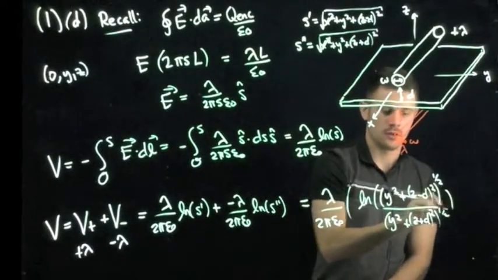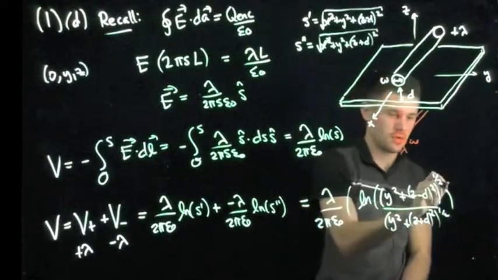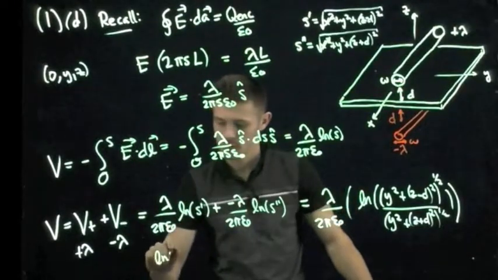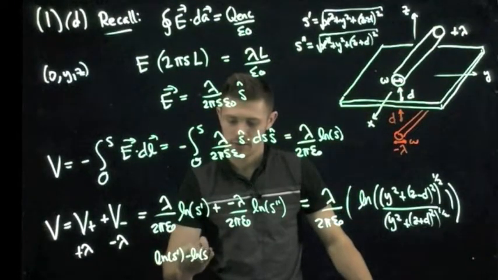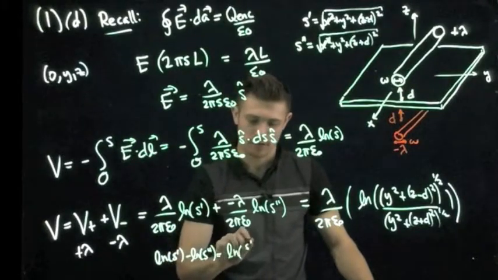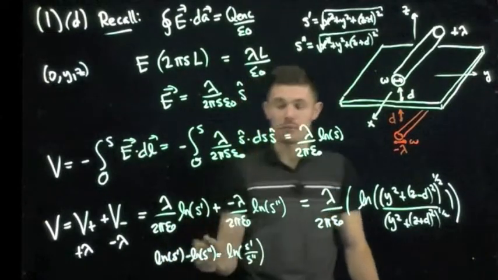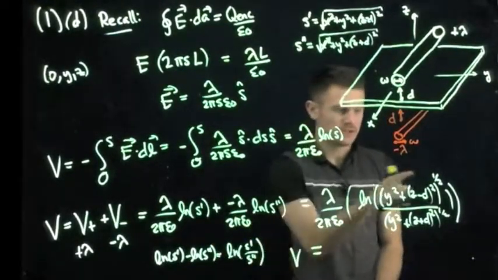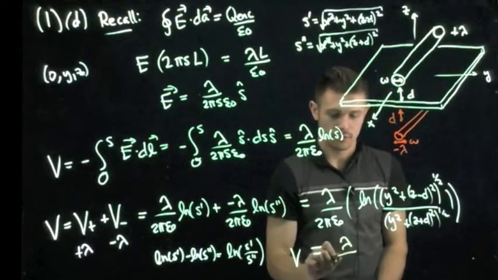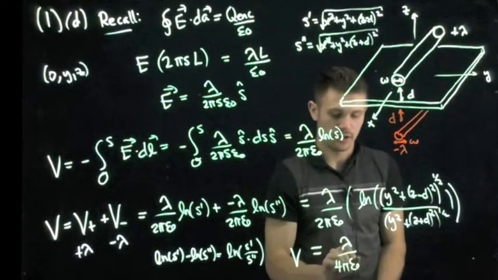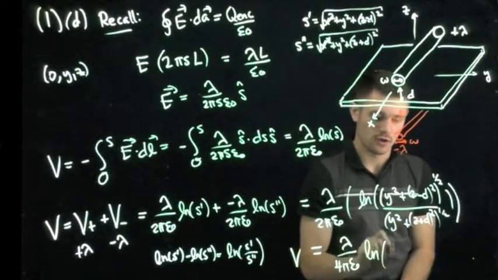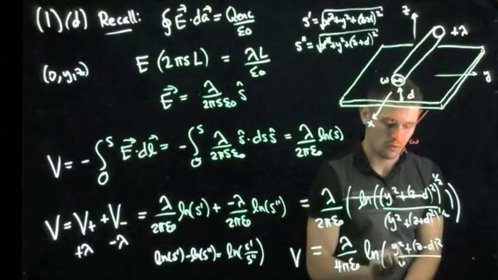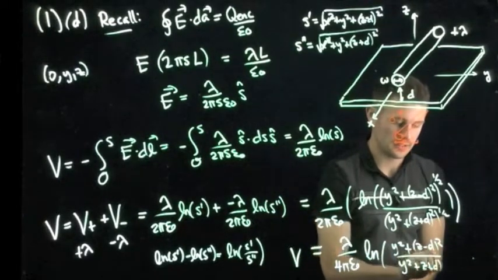Make sure you have a lot of brackets. I did a simplification here, where ln of s prime minus ln of s double prime is simply ln of s prime divided by s double prime. That's a property of logarithms. One last step: we see there's a square root, and again from the properties of logarithms, we can pull that outside of the logarithm, and we have the final answer of ln of y squared plus z minus d squared over y squared plus z plus d squared.